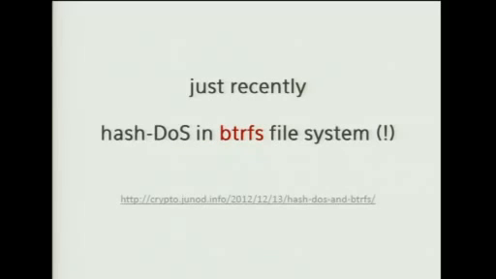And they even appear in places where you don't actually think about hashing. Pascal Junod recently found this nice attack on BTRFS. And you could ask me right away, if they're that bad, why don't we use something else? And Dan already talked about this. I think it's that this dream of constant time insertion and access is pretty attractive.